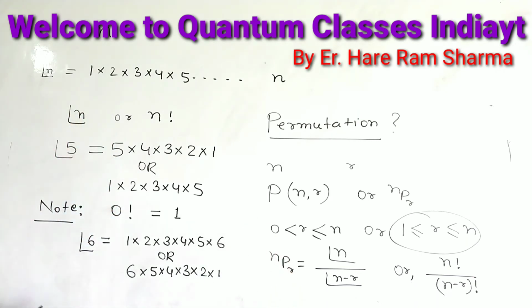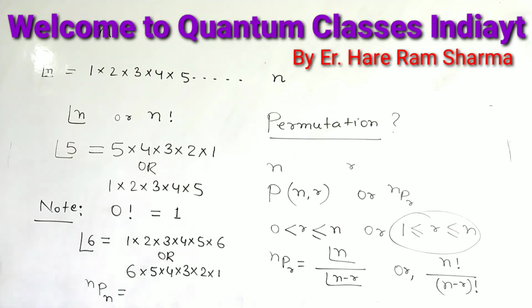Now we will find the value of nPn. It means there are n different objects and we have taken n objects at the same time.